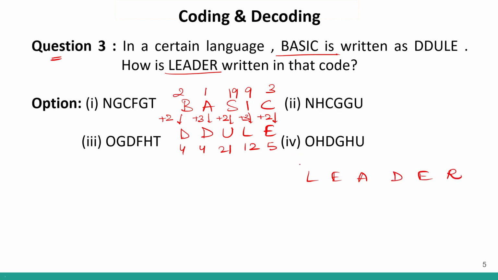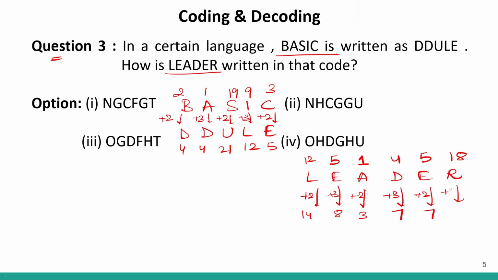Giving them forward ranks. L is 12. E is 5. A is 1. D is 4. E is 5. R is 18. So if I go plus 2, I will get 14. If I go plus 3, I'll get 8. If I go plus 2, I'll get 3. If I go plus 3, I'll get 7. If I go plus 2, I'll get 7.